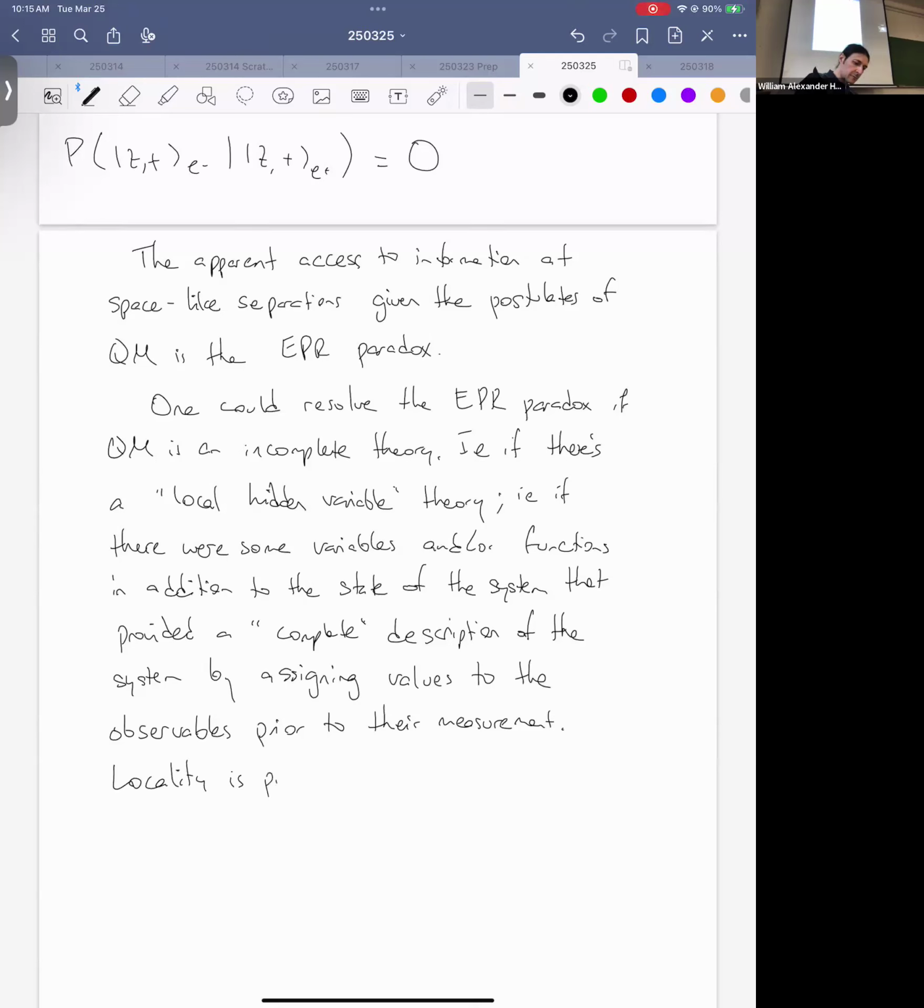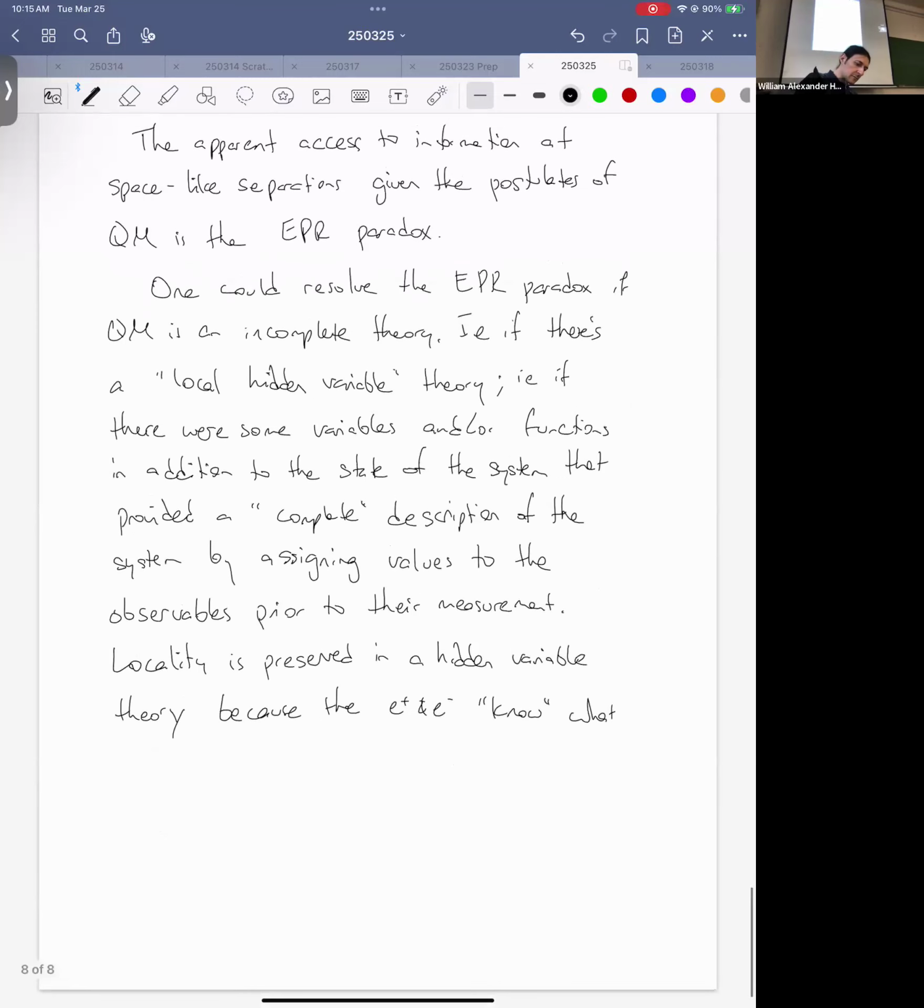Locality is preserved in a hidden variable theory, because the E plus and E minus, in air quotes, know what spins they will have when they are observed.